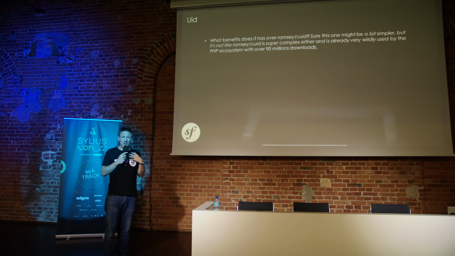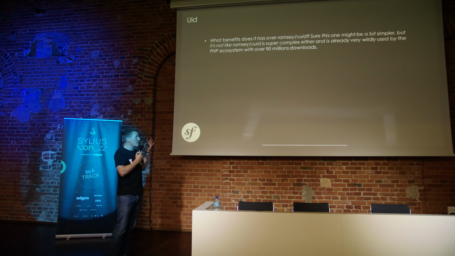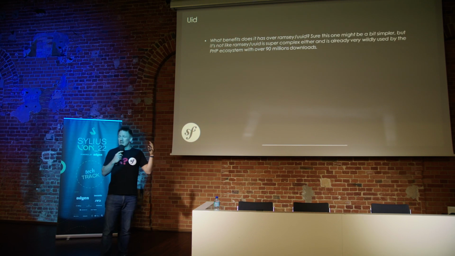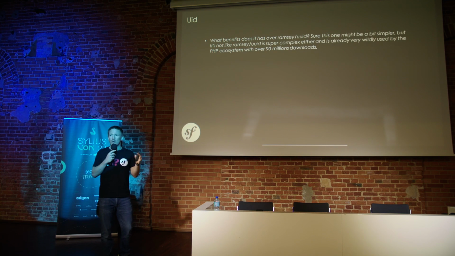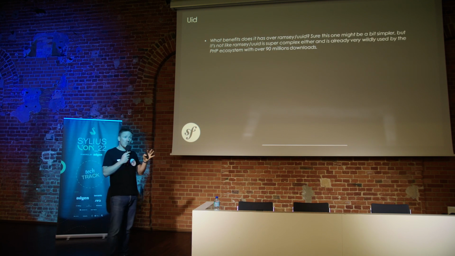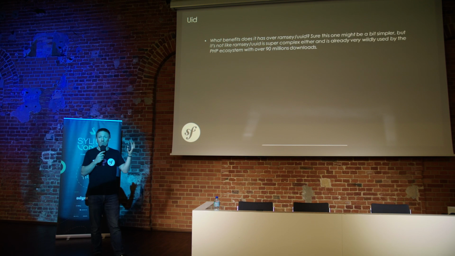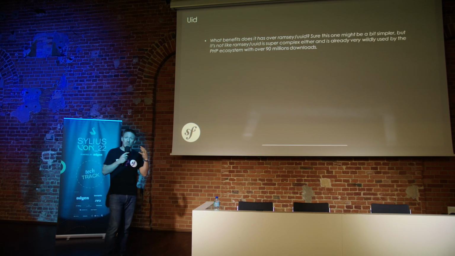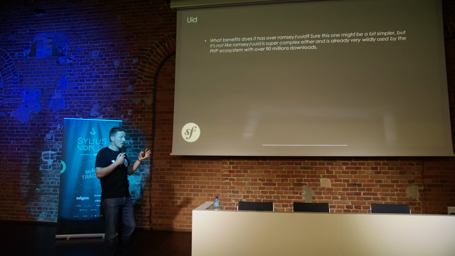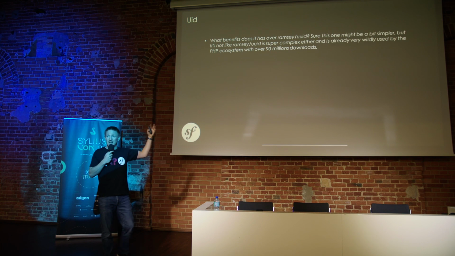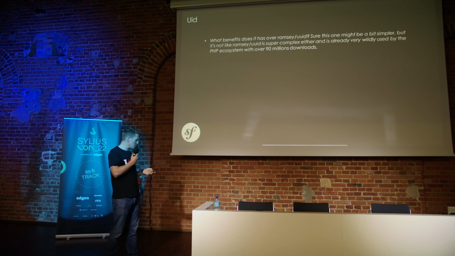Personally, I don't. So with Symfony UID, we wanted to take a very simplistic approach, trying to provide just the minimum amount of code to make this work and to ship that to everybody that wanted to adopt this simplistic approach. If you want to use Ramsey UID because you do have more advanced needs, it's still there.